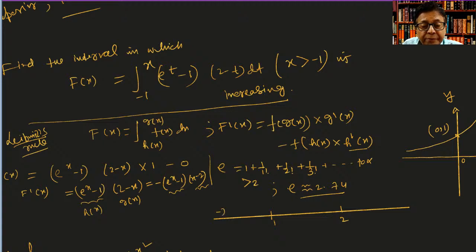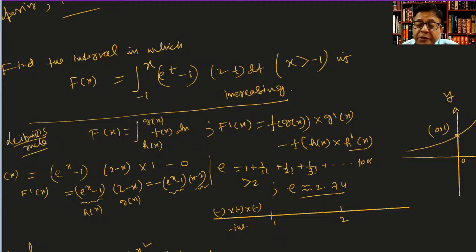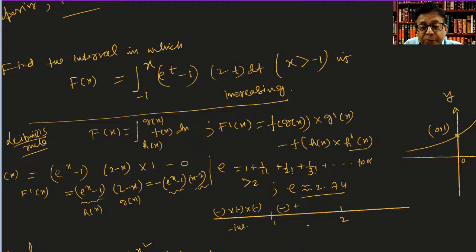So negative, negative and negative. Their product is negative. So it is not increasing over there. In between 1 and 2, e to the power x minus 1 is positive, before that there is a negative sign, but this one is negative. Got it? So whole function f dash x will be positive over there. Here f dash x negative.